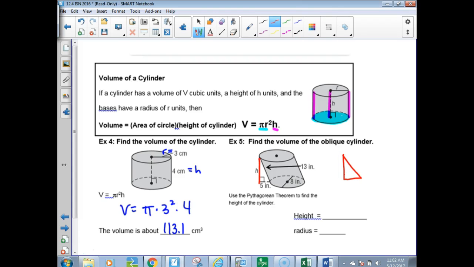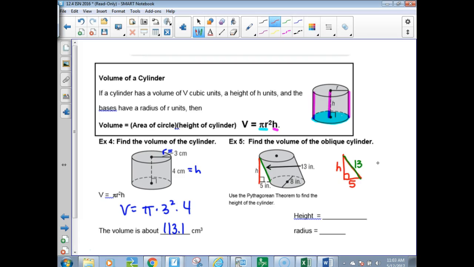The height we're finding is here. 5 inches is at the bottom, and then the hypotenuse of that is the 13. They're pointing to that side right there. So we use our Pythagorean theorem, which says leg squared plus leg squared equals hypotenuse squared.